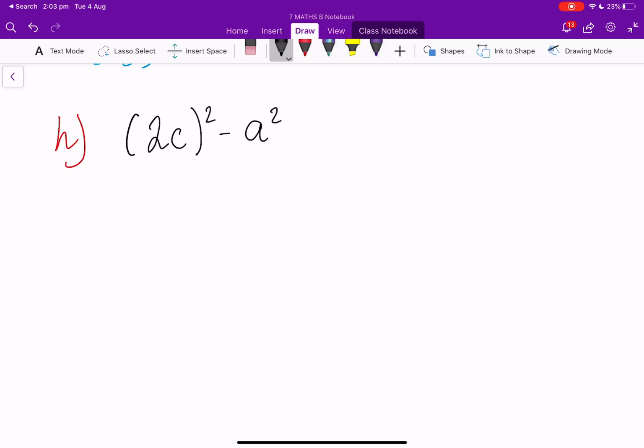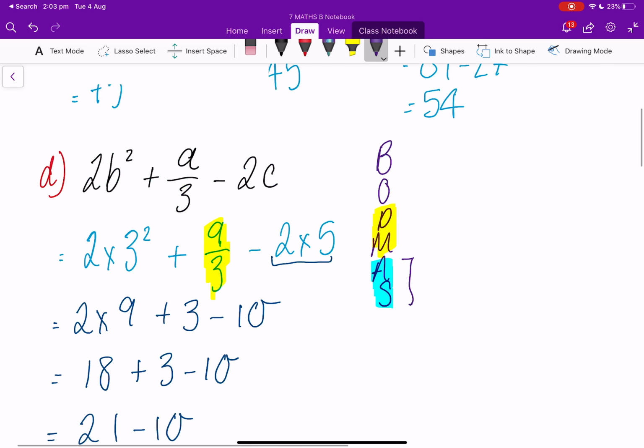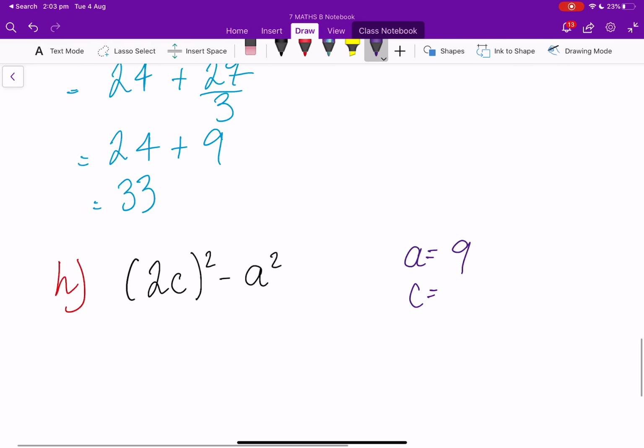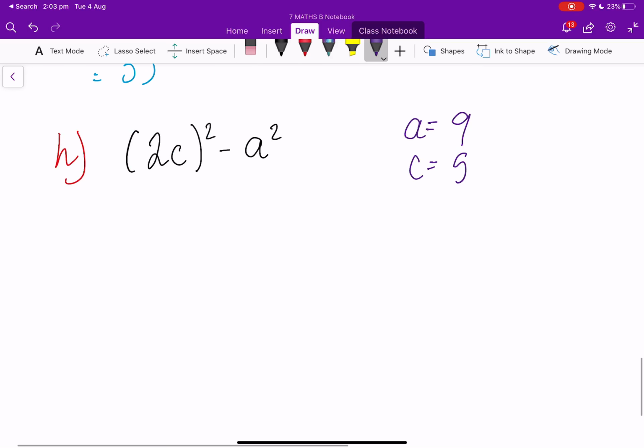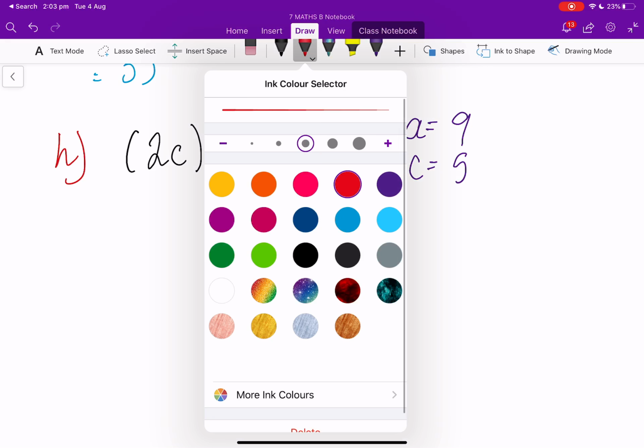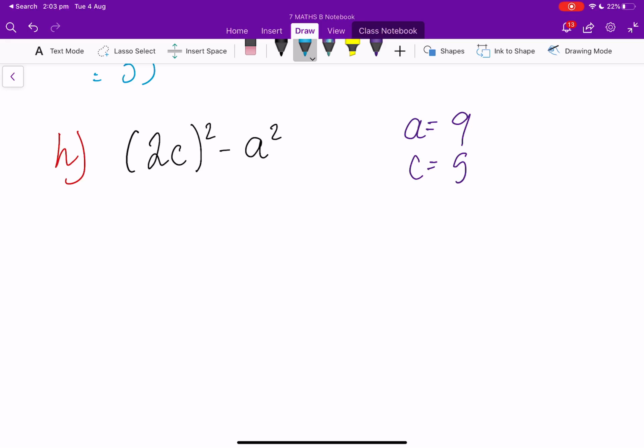Now, a equals 9 and c equals 5. Okay. Let's substitute in our values. 2 times 5, close brackets, squared, take away 9 squared. Okay.